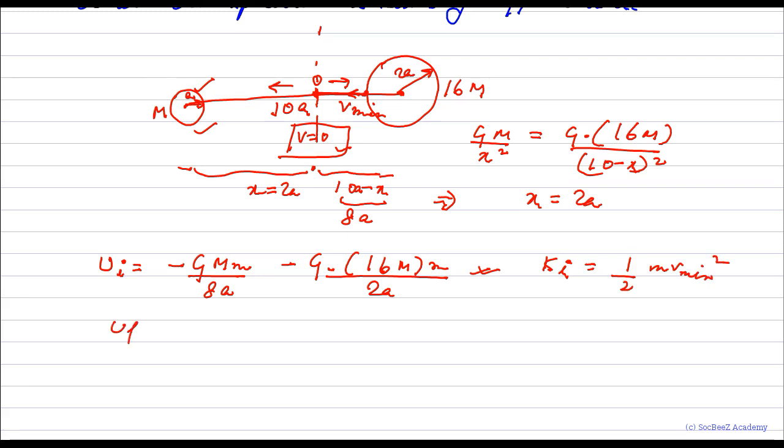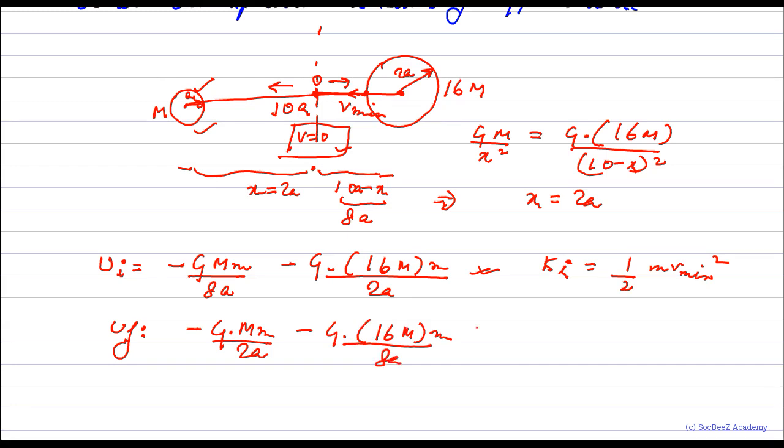Now Uf is going to be equal to minus G into capital M into small m upon 2a, minus G into 16M into small m upon 8a.